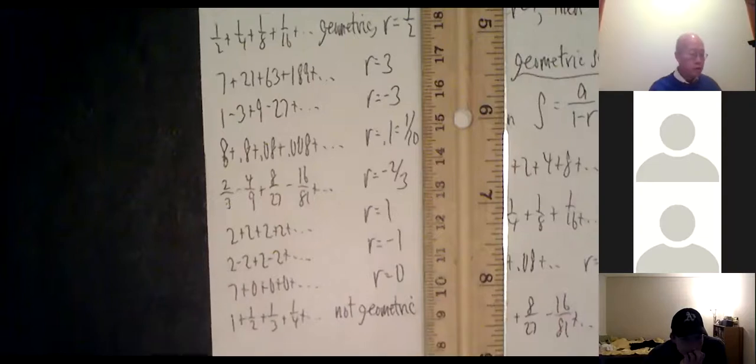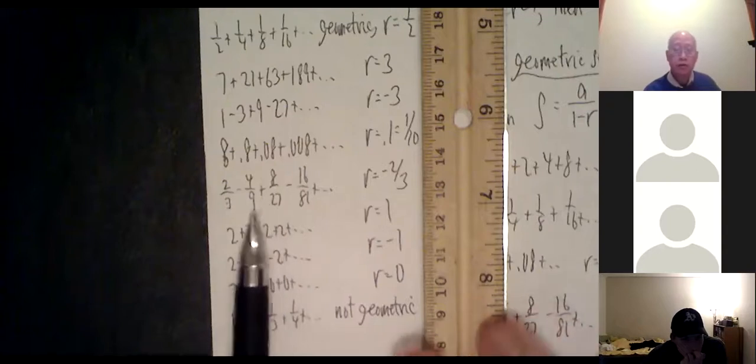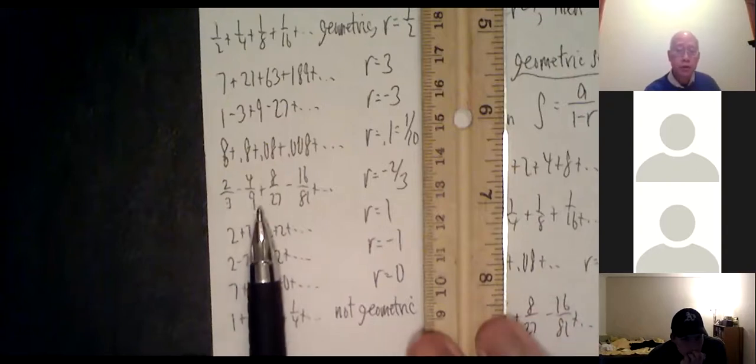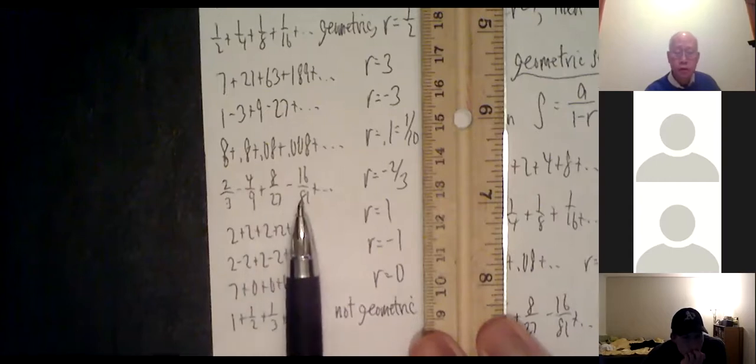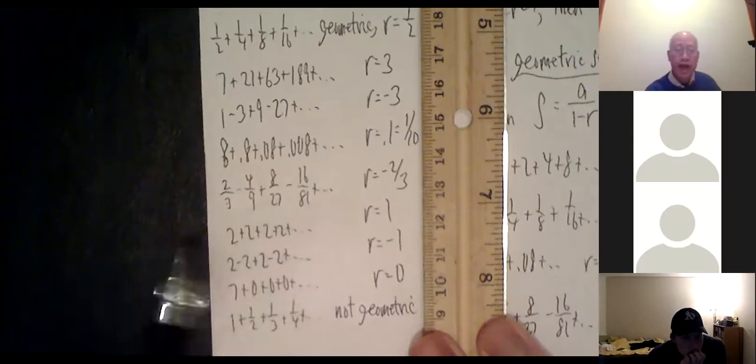Okay, so if you look at the sequence of partial sums, as it's called, so 2, 0, 2, 0, right? The sequence of partial sums, if I just add up as I go along.